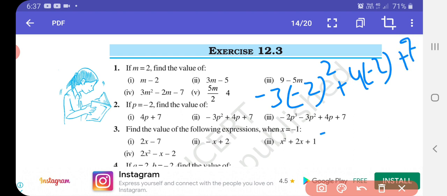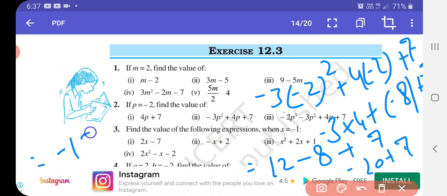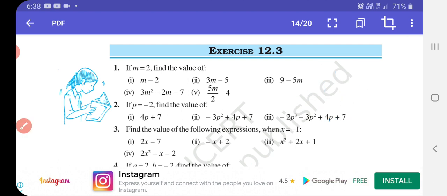So it becomes minus 2 square means 4, so minus 12, plus minus 8 plus 7. So minus 8 and minus 12, it becomes minus 20 plus 7. So your answer is minus 13. Understand. This type you have to do these sums, question number 1 and 2.